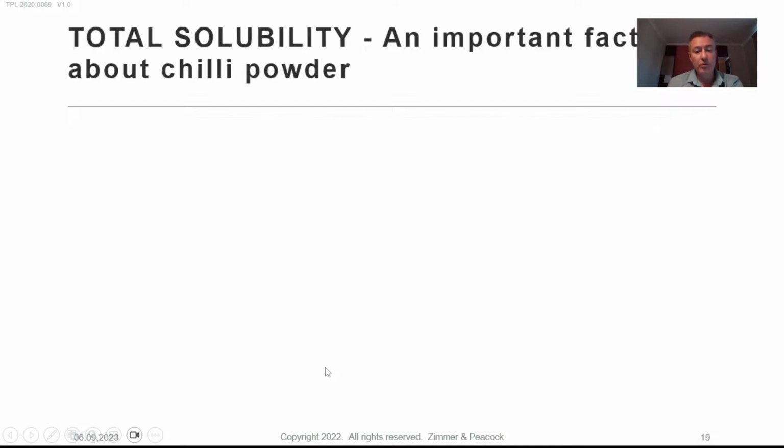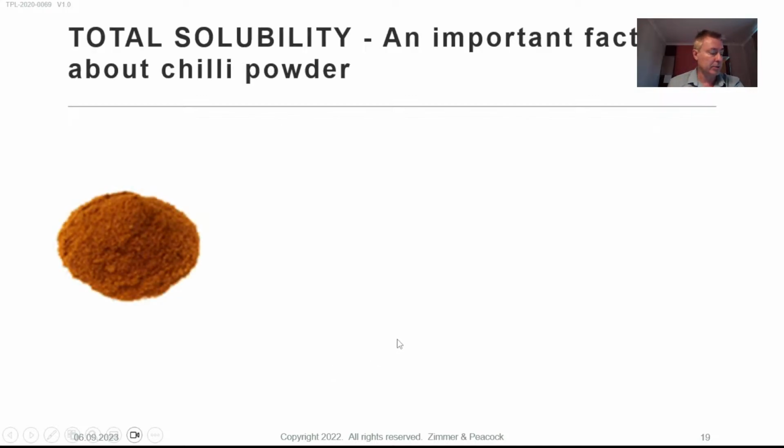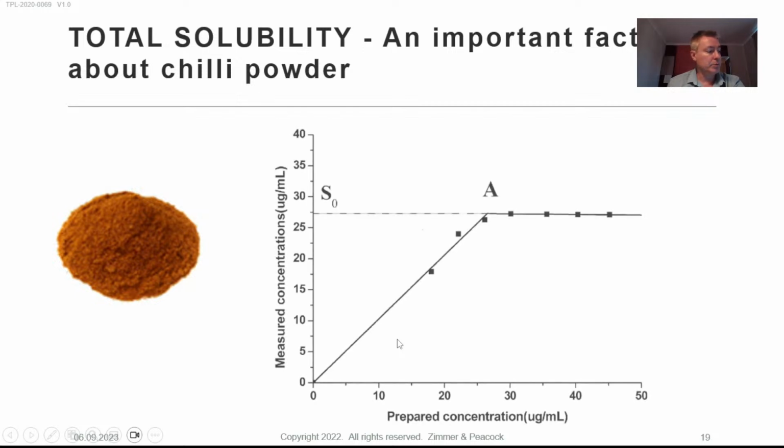Now there are some important facts about chili powder. Obviously with chili powder there's capsaicin in there. If you're trying to extract that capsaicin into safe materials, and by that I mean water-based materials without necessarily solvents in them, then you have what's called a solubility curve.